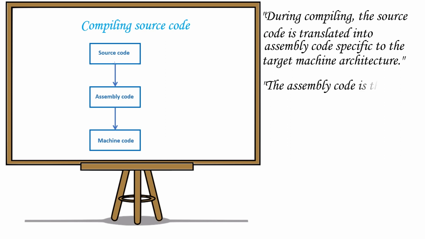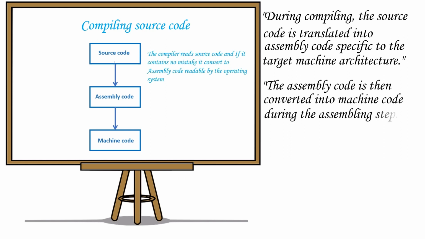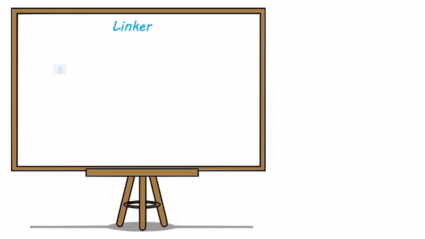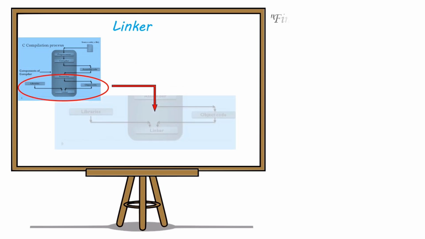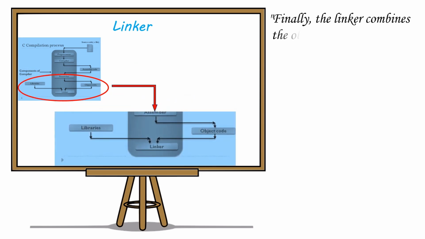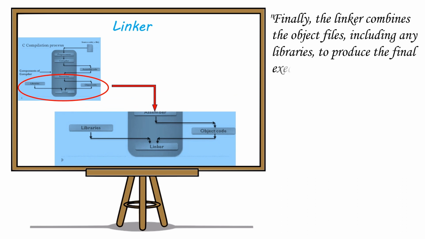The assembly code is then converted into machine code during the assembling step. Finally, the linker combines the object files, including any libraries, to produce the final executable file.